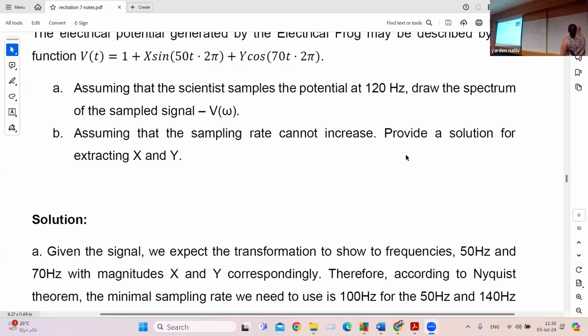So it could be either 110 minus 70 or 110 minus 50. How much is 110 minus 70? 40, right? So this is an unreal frequency over here. And 110 minus 50 is 60, so we still won't see it, but there is a new frequency over here due to the new sampling rate. Is that more clear?